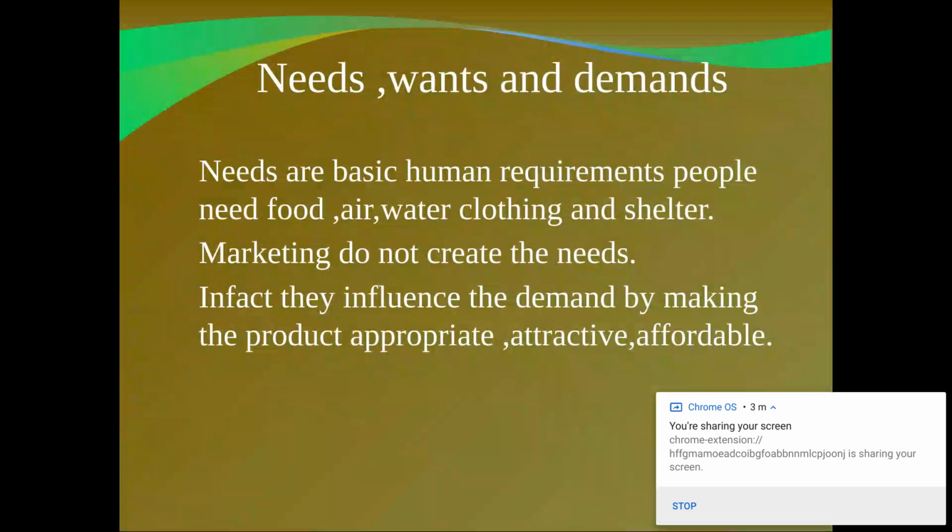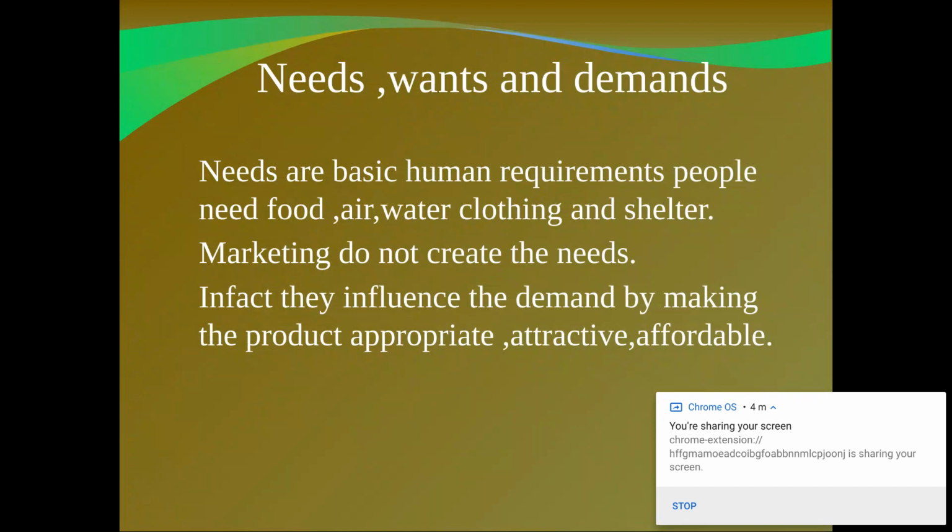But when I say that I want tea or I want coffee, or I can go to that extent that I can ask for one particular brand, say for instance, I can say that I need Coca-Cola or I need Thumbs Up or I need Pepsi to quench my thirst, then definitely I'm talking about want. Because wants are the desire for a specific satisfier.